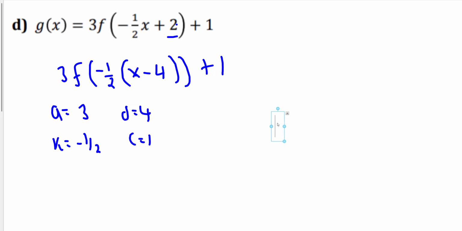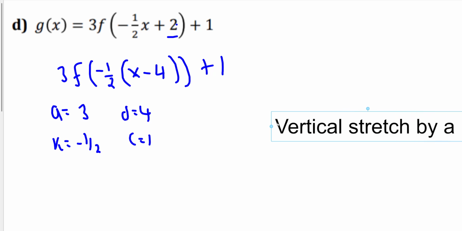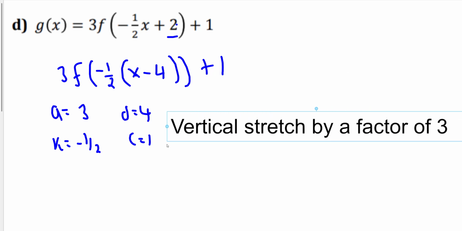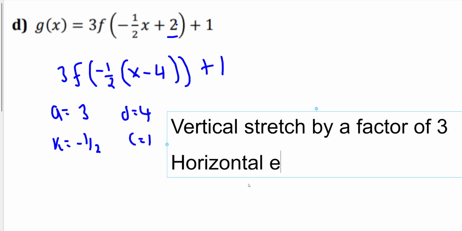Alright, so if my A value is 3, that's a vertical stretch. Stretch by a factor of 3. Okay. If my K value is -1/2, so negative already means it's a horizontal reflection in the y-axis.